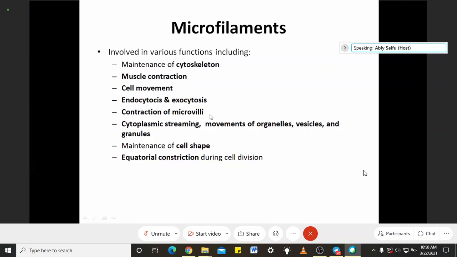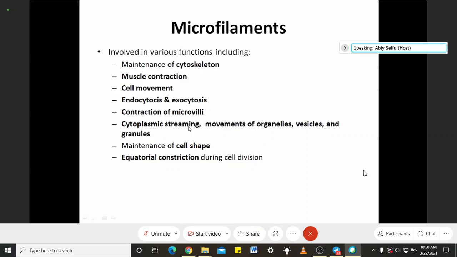Microvilli, you remember, are full of microfilaments which support them, and they are also moving so that substances moved across the membrane will be facilitated to flow into the cell.